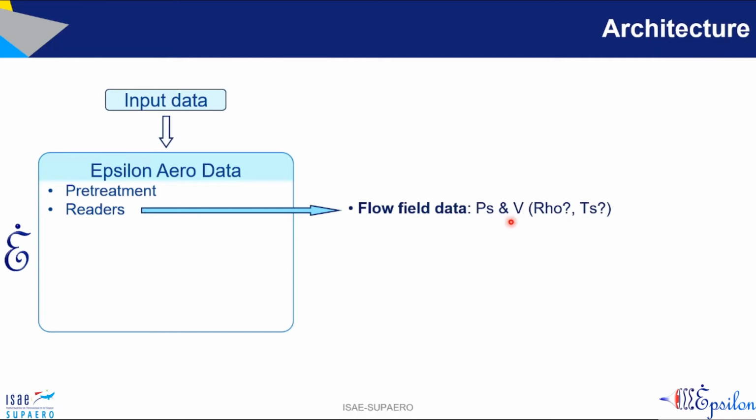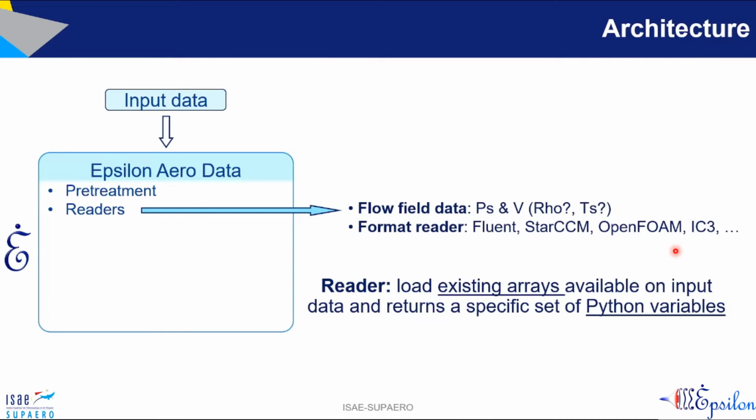First of all, we have to deal with the type of parameter we have in the input file. And we also have to deal with the different header names associated with each CFD solver. So that's why we introduced the reader. Basically, it loads existing arrays that are available in the input data, and it returns a specific set of Python variables.